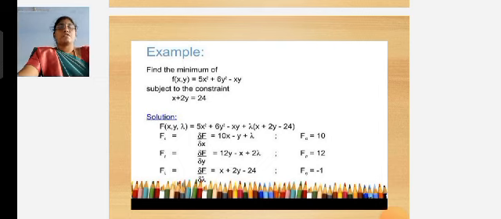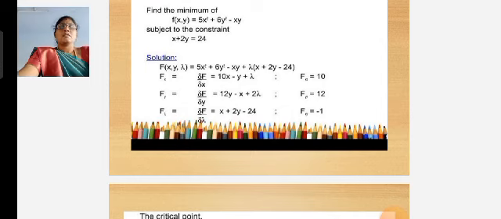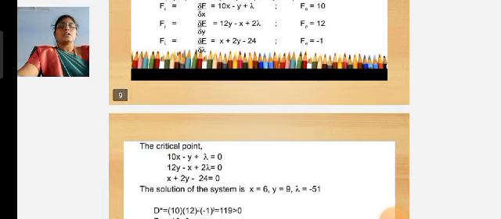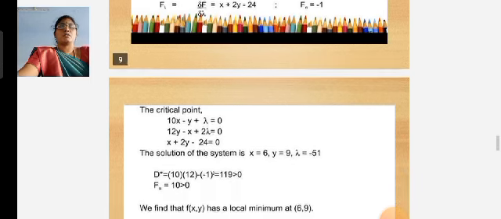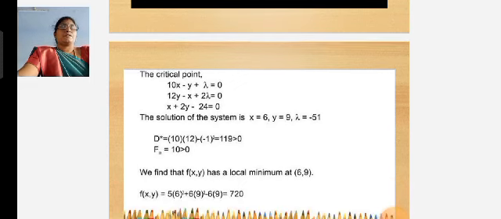Next we find dou f by dou x, dou f by dou y and dou f by dou lambda. The critical point equations are 10x minus y plus lambda equal to 0, 12y minus x plus 2 lambda equal to 0, and x plus 2y minus 24 equal to 0. The solution of the equations is x equal to 6, y equal to 9, lambda equal to minus 51.